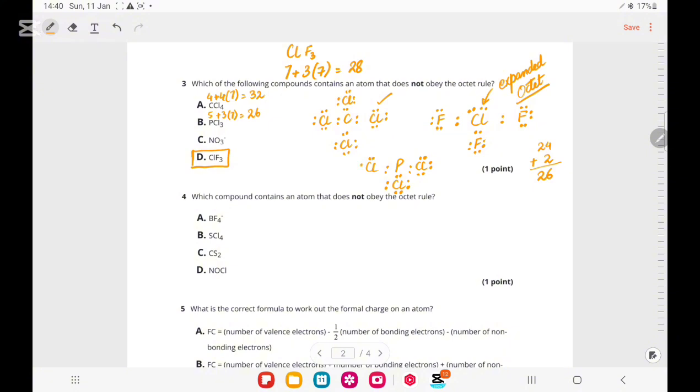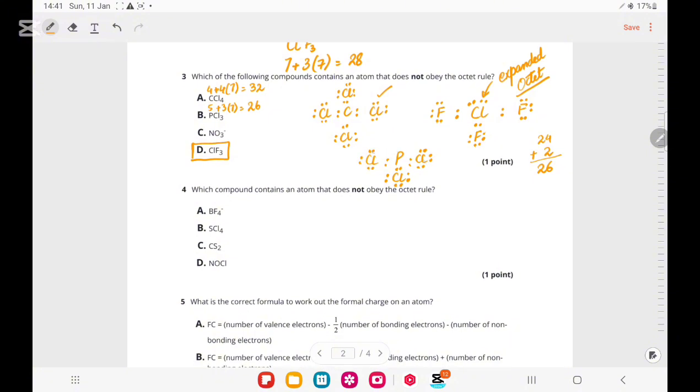Now the electrons become 1, 2, 3, 4, 5, 6, 7, 8. 8 times 3 is 24. 2 electrons remain, which will come at the top of phosphorus as the lone pair. So this also follows that rule. So this is not the answer, this is not the answer.